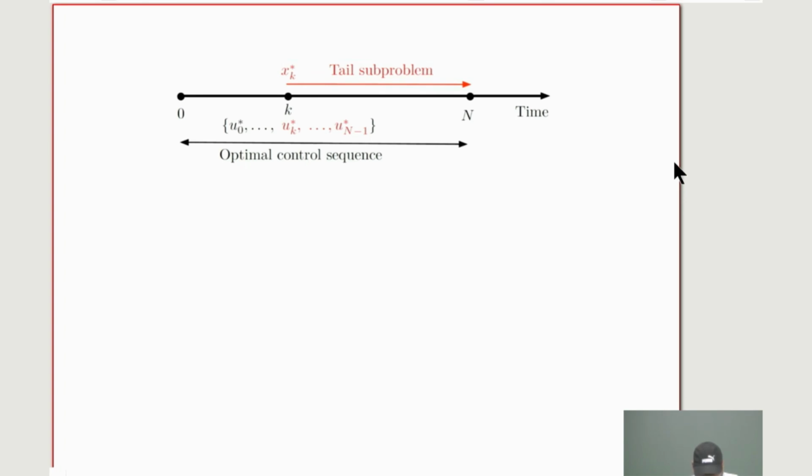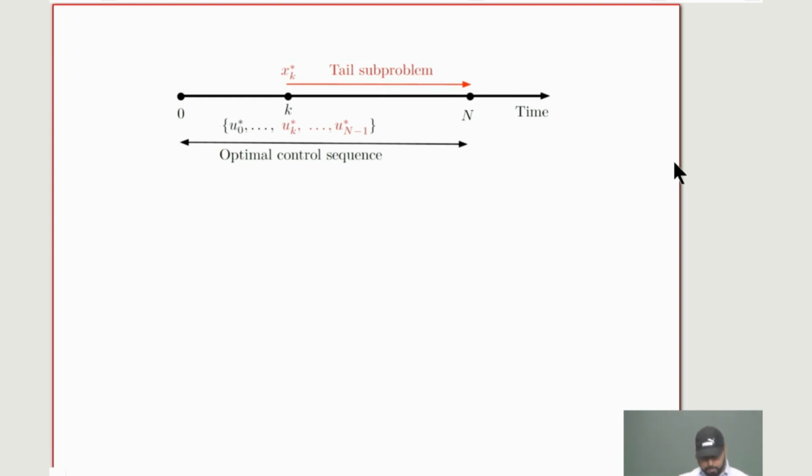So what will be a tail subproblem? It depends. A tail subproblem may not be the last step. We can think of a tail subproblem starting from k, so k onwards. In this example, it's x_k star onwards.